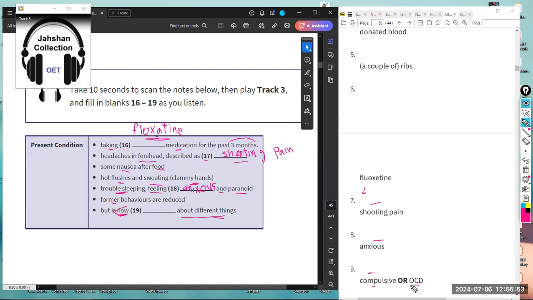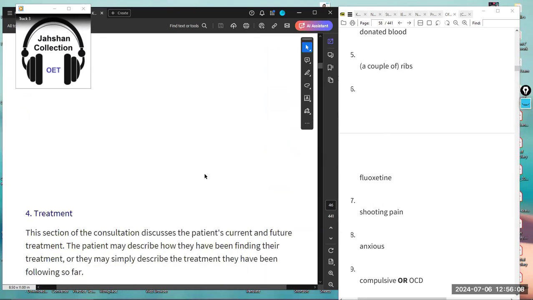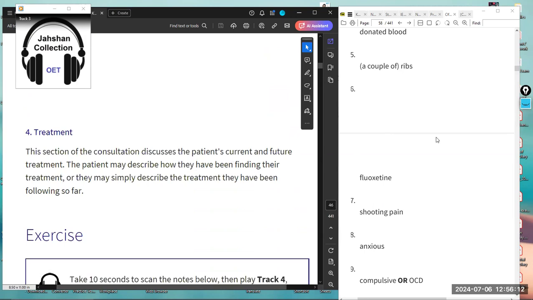So, compulsive, or you can write OCD, which is the abbreviation of obsessive compulsive disorder. So, this is about a condition, the things this speaker is feeling right now. Okay. Now, part 4 is about the treatment.